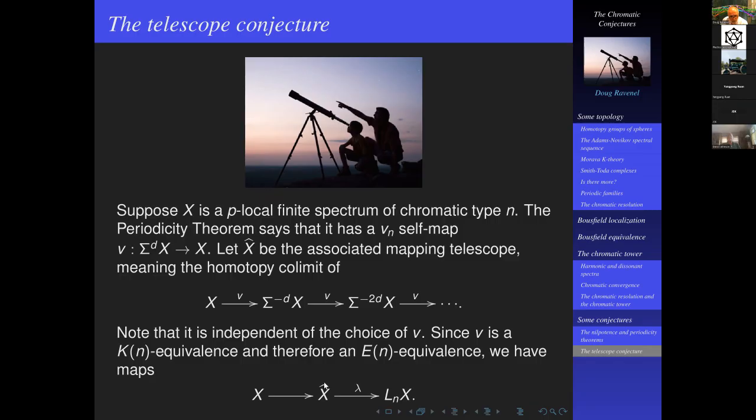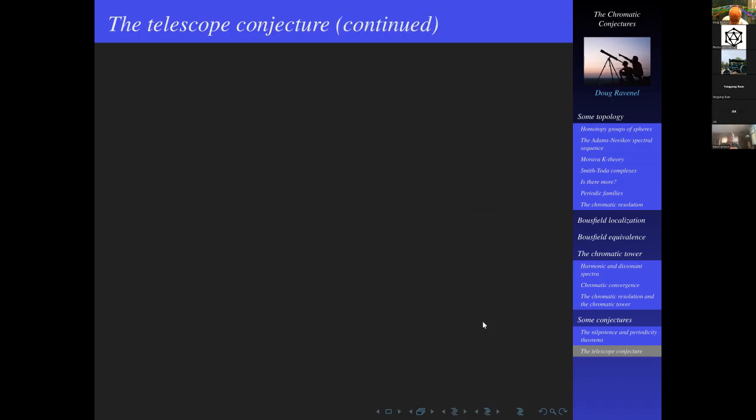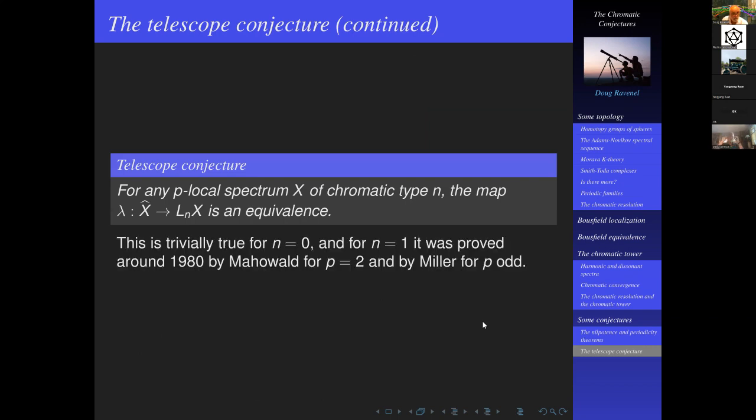So this X hat, this telescope, is more geometrically interesting, while this L_n X is more computationally accessible. So it would be really nice if those two were the same. And that's what the telescope conjecture is about.